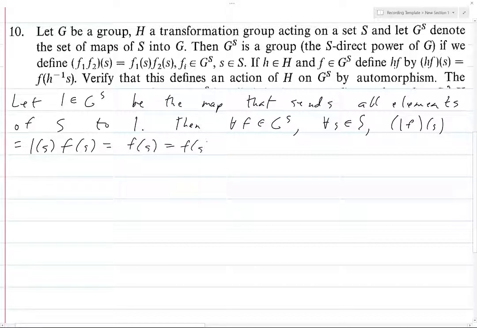And of course, going the other way, so 1 as an element of G^S is the identity.